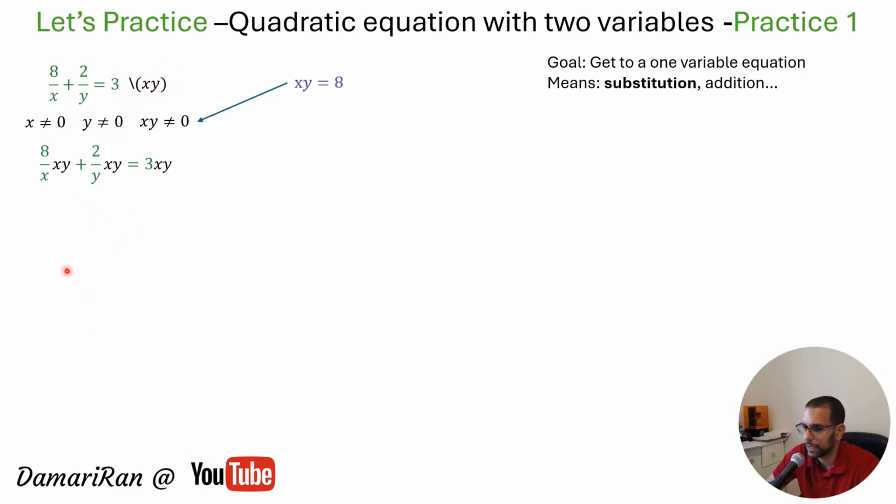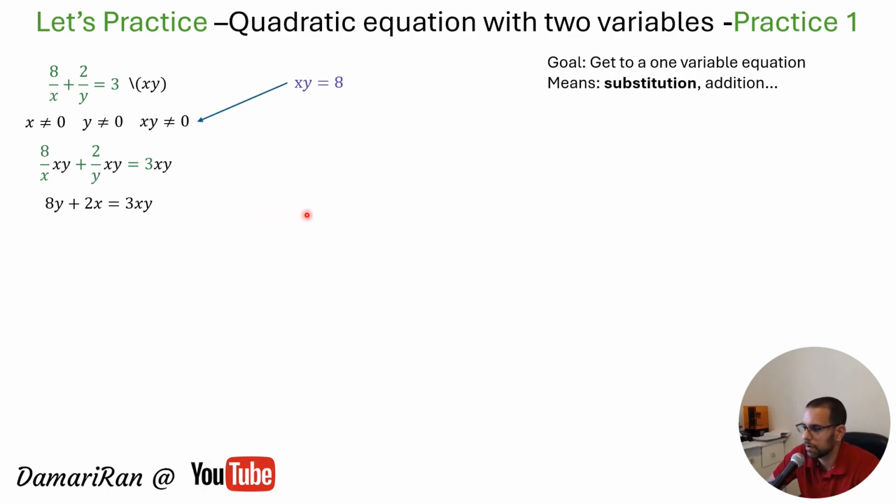So when we do that, we get this: xy times this, xy times this, and x times xy times this. Now, this x and this x can cancel each other out. This y and this y can cancel each other out. And here nothing cancels. We leave it as is, and we get this result. Awesome.